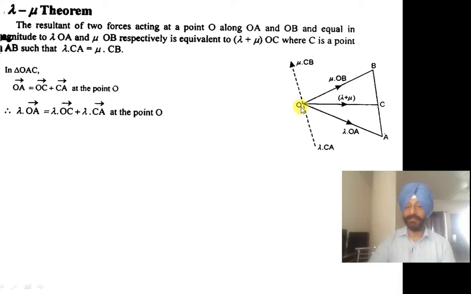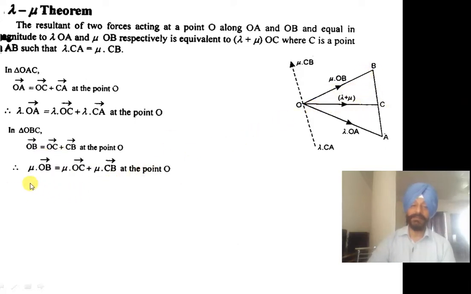And similarly, in this triangle, OB is equal to OC plus CB. And then multiplying with mu, we get mu OB is equal to mu OC plus mu CB.